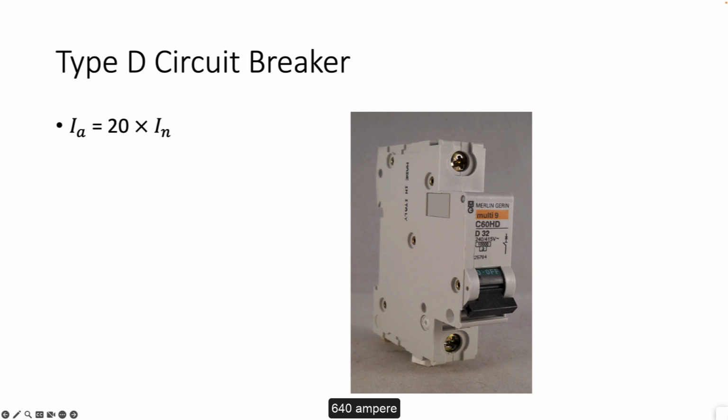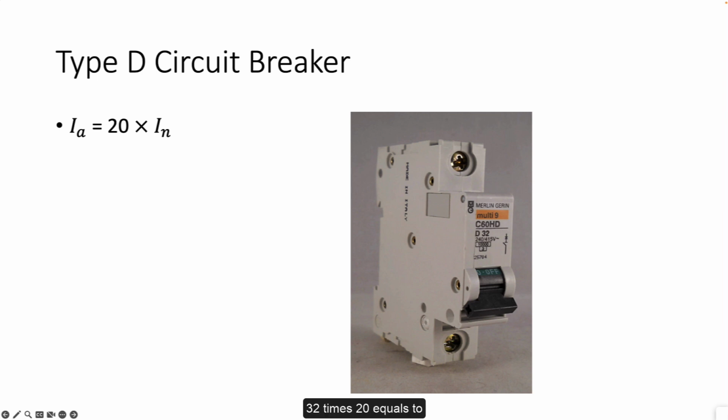640 ampere. This corresponds to 20 times the nominal current, so the instantaneous trip current 640 ampere is equal to 20 times the nominal current 32 ampere.